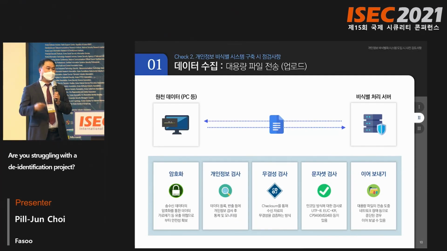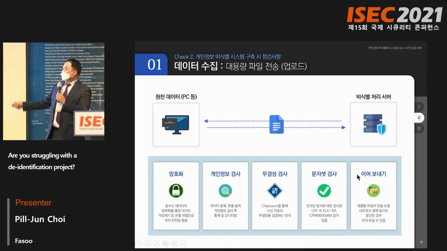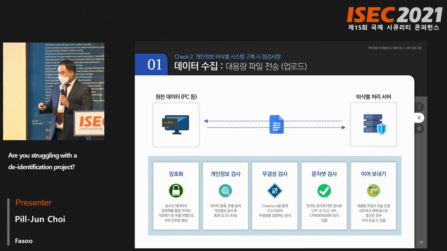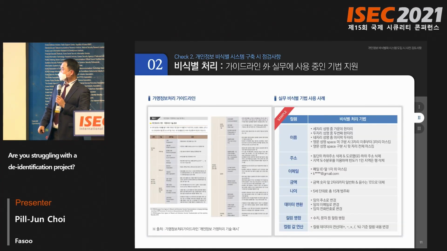If there is a problem, sometimes the transfer is stopped. So you need to consider a transfer resume function or partial transfer of large file data. Then the data can be sent to the system more effectively, so you need to check those points.